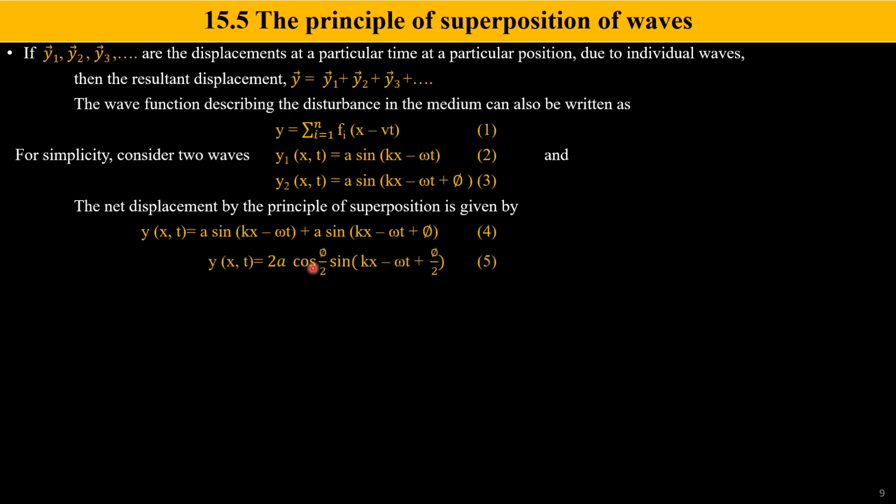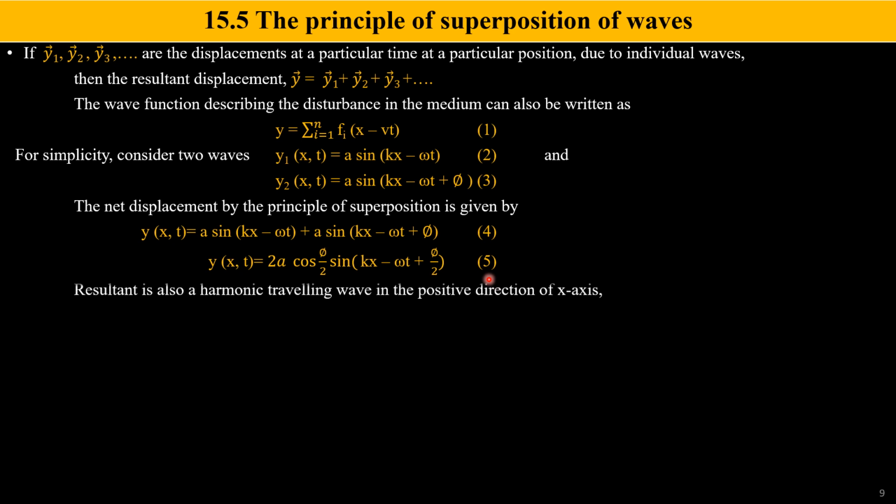So simplifying, we can write equation 4 in terms of half angles as y(x,t) equal to 2a cos(phi/2) sin(kx - omega t + phi/2). Here angle A can be written as kx - omega t and angle B in the formula sin A plus sin B can be written as phi by 2. Let it be equation 5.